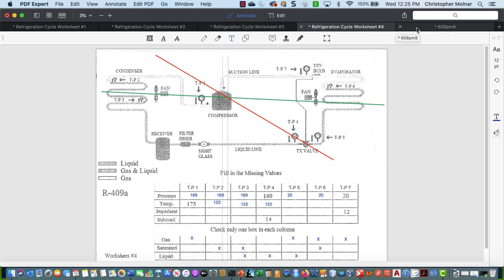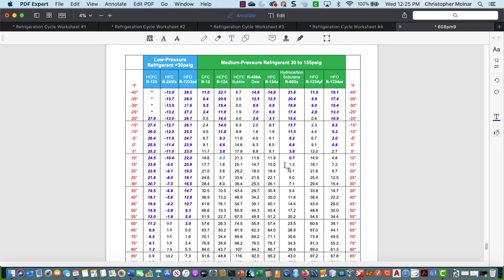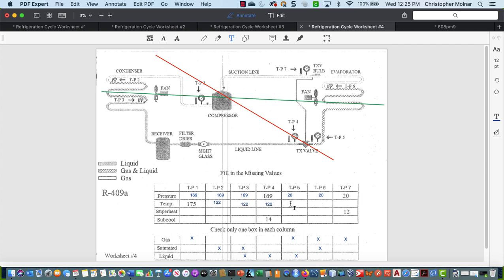So let's come over here, scroll up, and we need to find my 20 PSI, which is going to be right around, I'm going to call it 9 degrees. So my evaporator temperature is 9 degrees. Some of your pressure temperature charts or the apps on your phones might be much more accurate, so you don't have to figure it out in the middle of a chart.